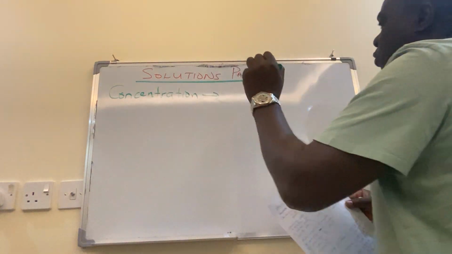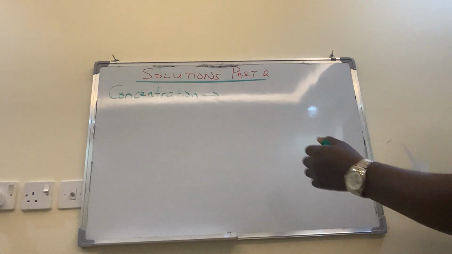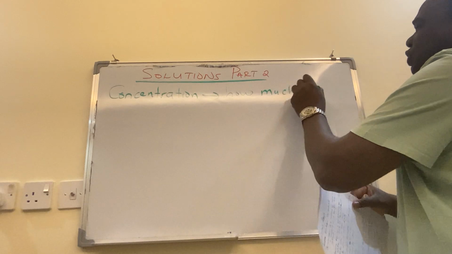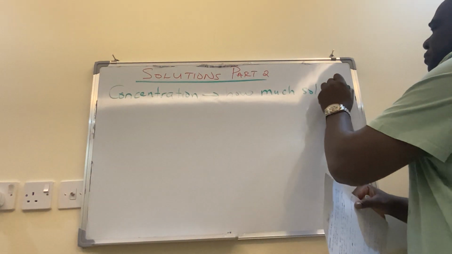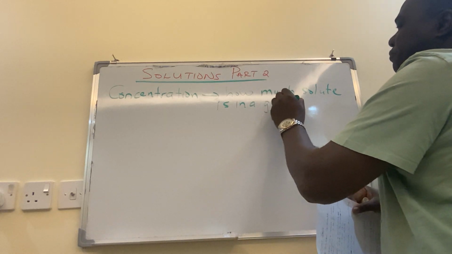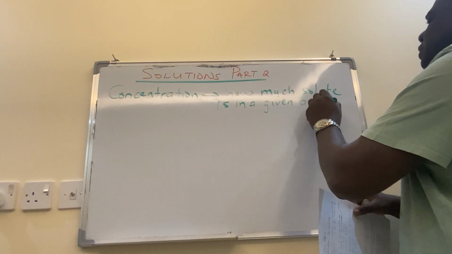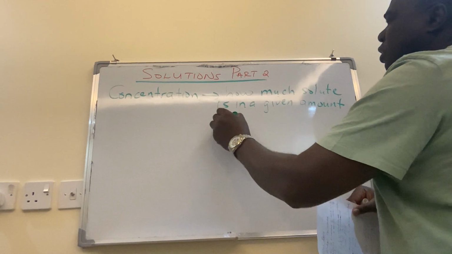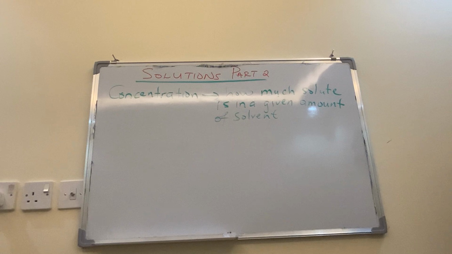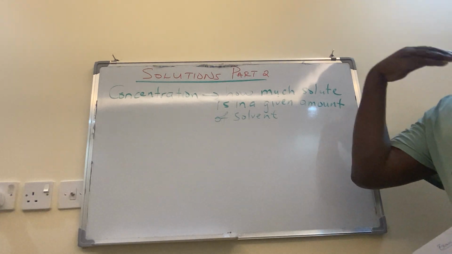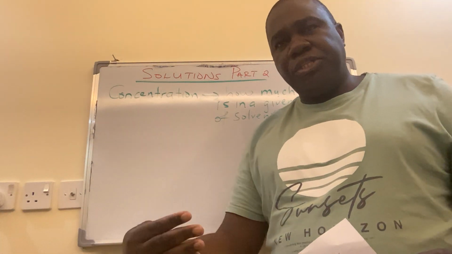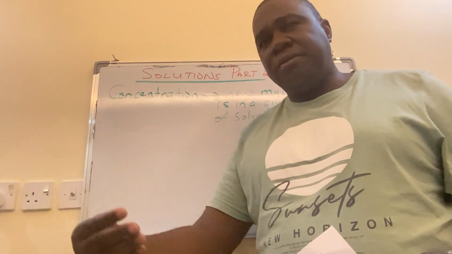So concentration is just an expression of how much solid is in a given amount of solvent. Basically, that's what we are saying when we look at concentration. So if a solution is highly concentrated, it means that solution has a lot of solid particles in it.